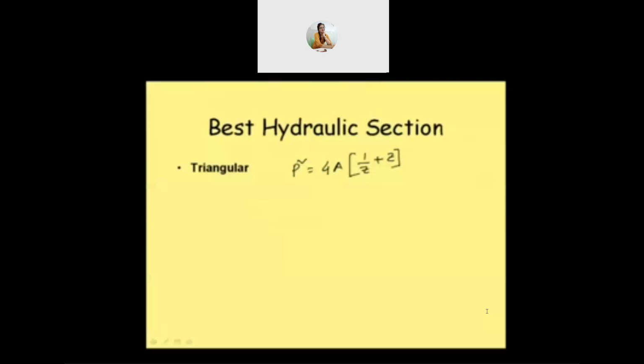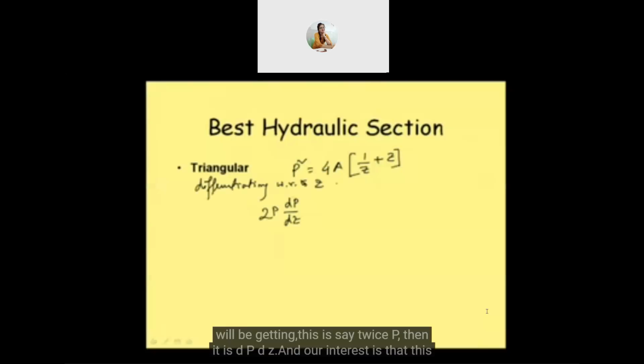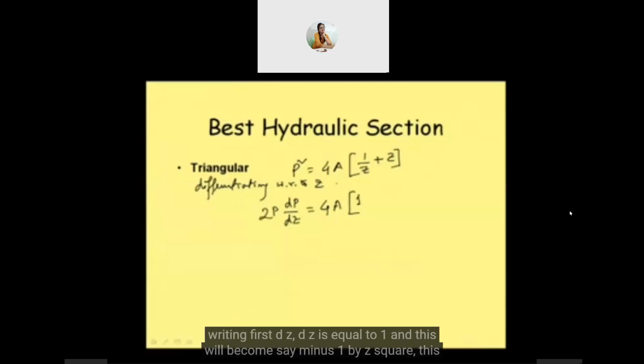So differentiating with respect to z, what we will be getting is twice p times dp dz, and our interest is that this should become 0, is equal to 4a, and then this expression will become, dz by dz is equal to 1, and this will become minus 1 by z square.